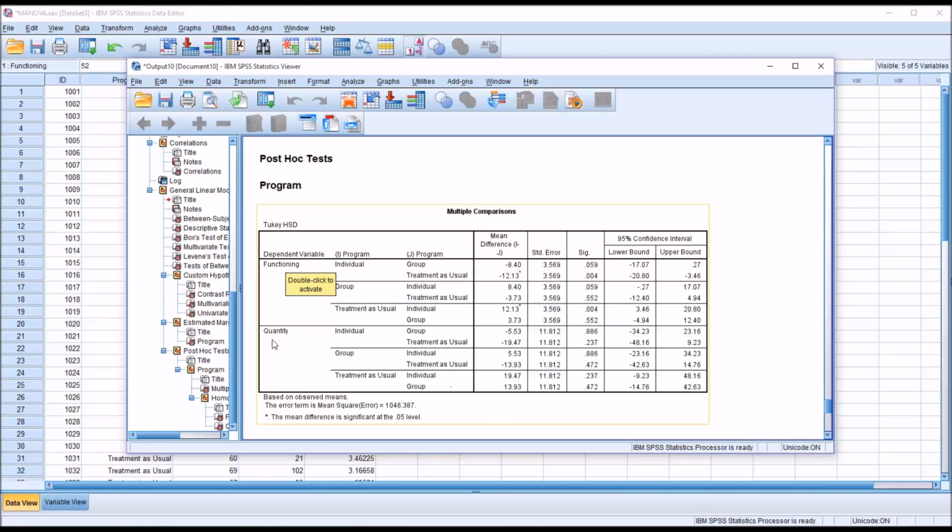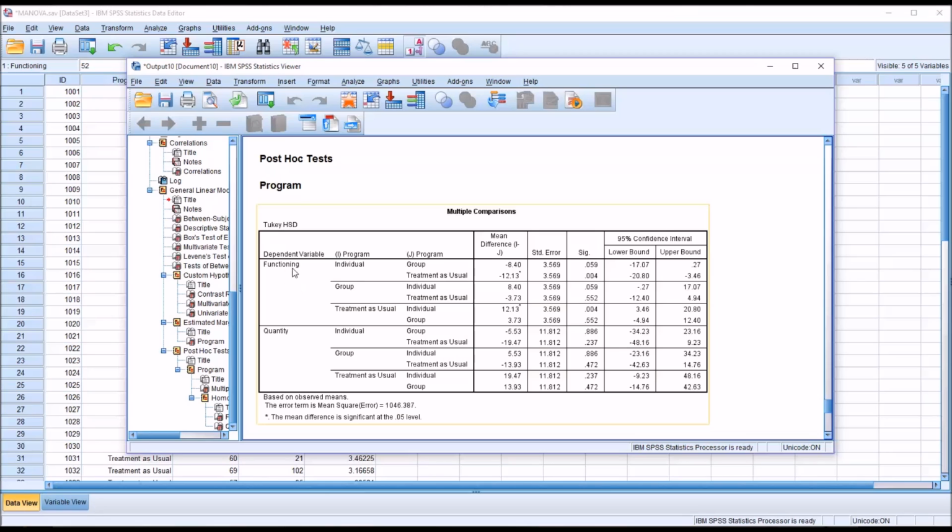So then looking at quantity, which is the other dependent variable, we have a non-significant finding between individual and group, non-significant between individual and treatment as usual, and non-significant between group and treatment as usual. So kind of an overall interpretation in terms of the analysis, the MANOVA that we ran.